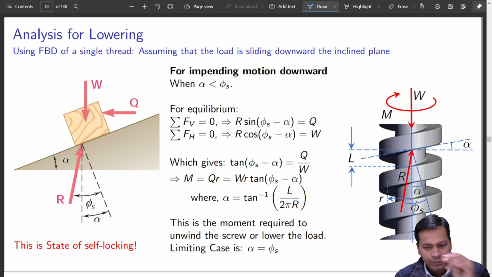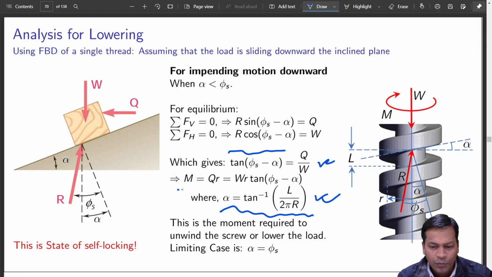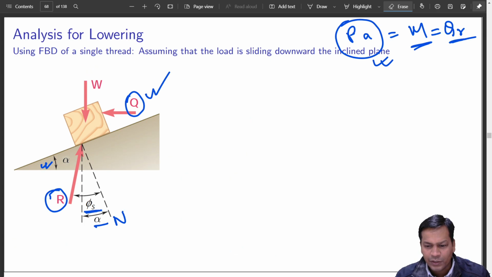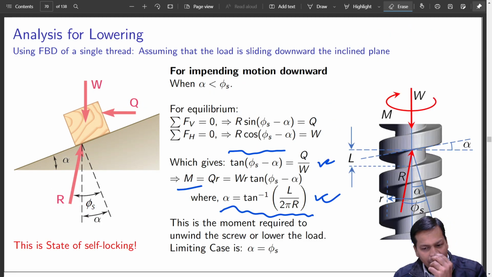This time you saw tan of psi s minus alpha is equal to Q by W. Again alpha turns out to be the same, but this time there is a negative sign here, that is to be remembered. While lowering, that is negative, while raising it was positive. Rest everything remains the same. This will be required for doing numericals and all. So again, this is the moment required to unwind the screw or lower the load. Limiting case, what is the limiting case?